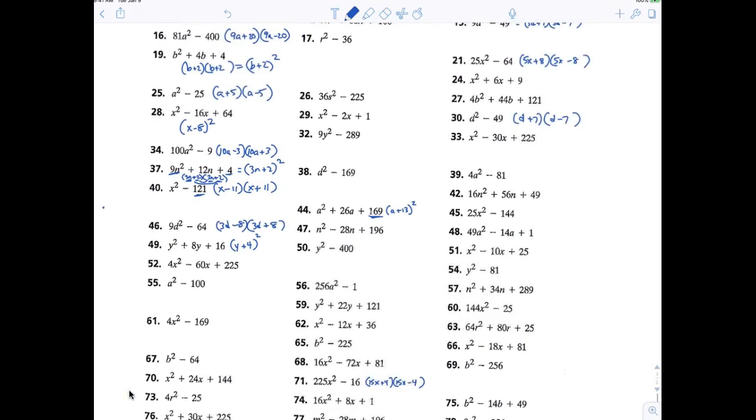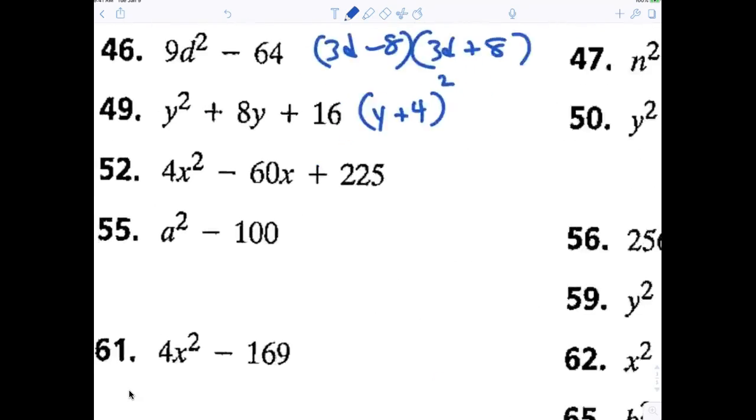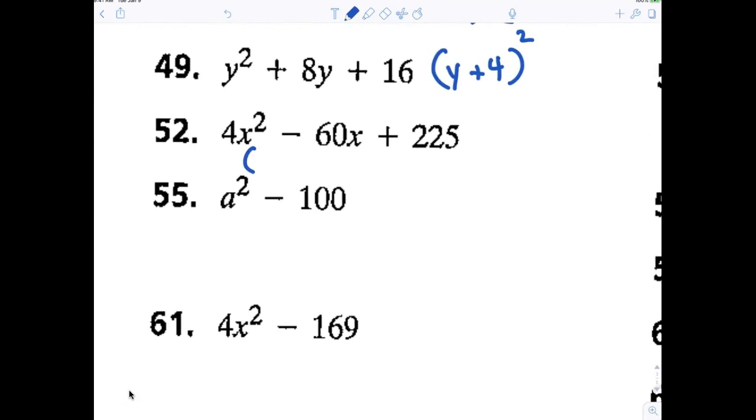You do number 52. Let's look at 52. 2x and 2x. Most people can't do this because they don't know what times what's 225. 15. That's right. So it'll be 15 minus 2x, squared. Agreed? 64.